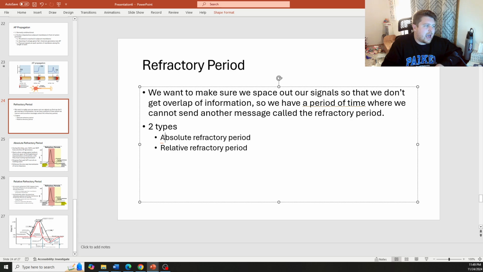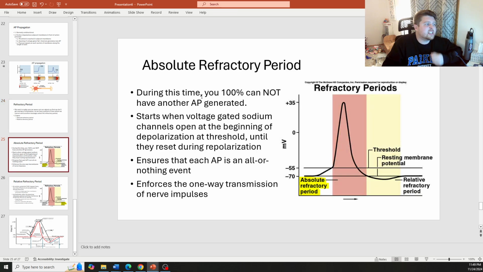There's two types. There's an absolute refractory period and then a relative refractory period. The absolute is during this time you 100% cannot have another action potential generated. It starts as soon as we hit threshold and continues until we get back to resting membrane potential. And this is actually correlated to our voltage-gated sodium channels that control that depolarization.